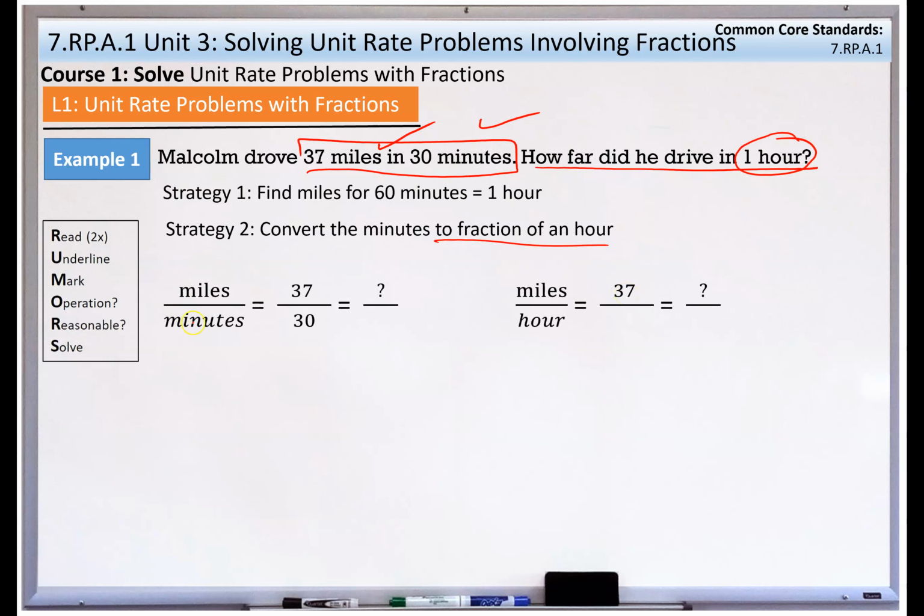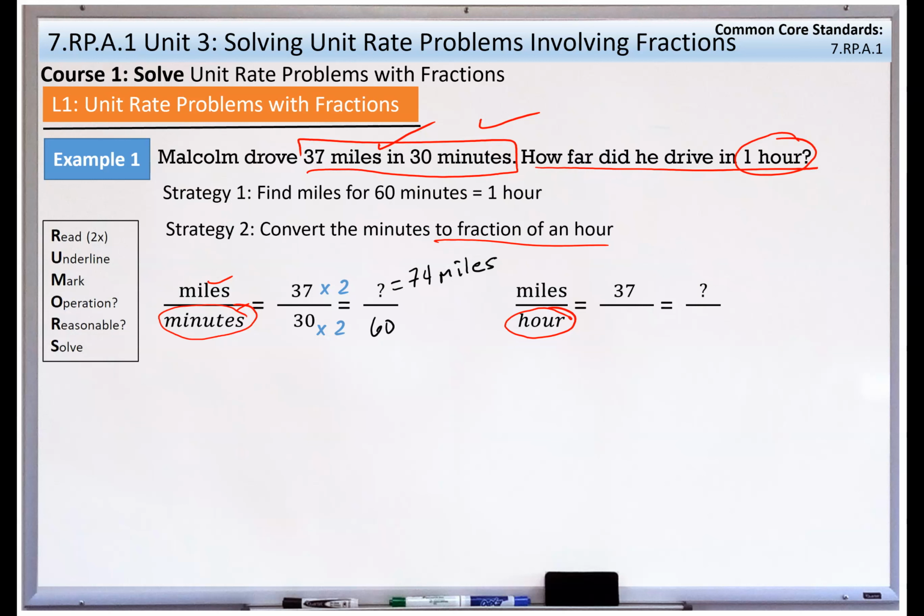So this one, we keep it just like they gave it to us, miles per minute. This one we have in the form of what the answer should be in. So this problem is pretty straightforward with the miles per minute, because we know that 60 minutes is 1 hour. So we'll use a scale factor of 2, and we get our answer 74 miles per hour.